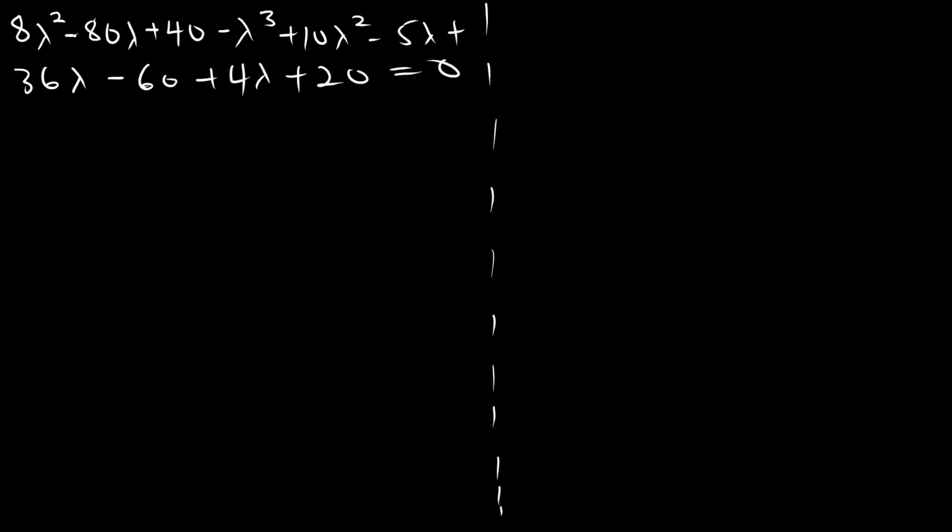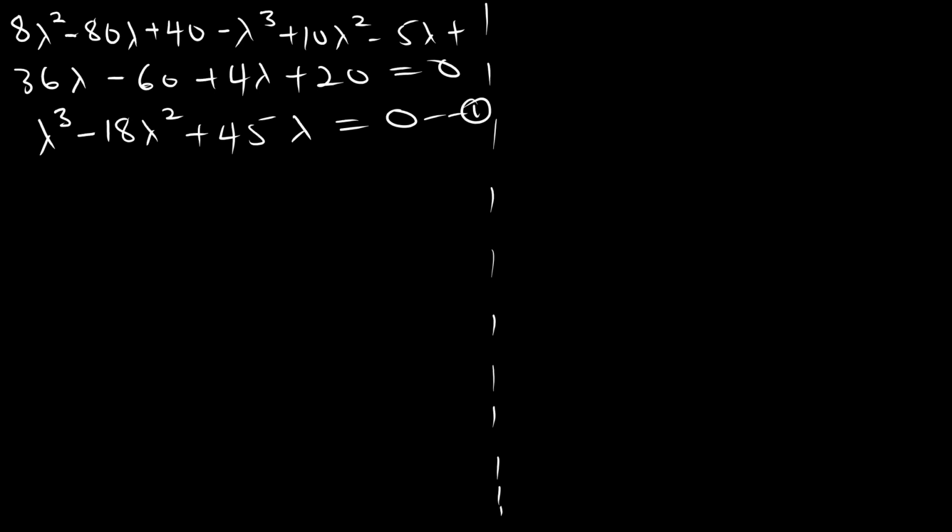And your final equation, when you group like terms, you are going to get the equation as lambda cube minus 18 lambda square plus 45 lambda equal to 0. So this is our equation where we can find the roots of the equation.